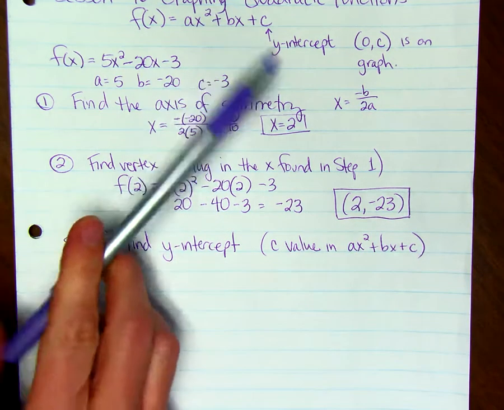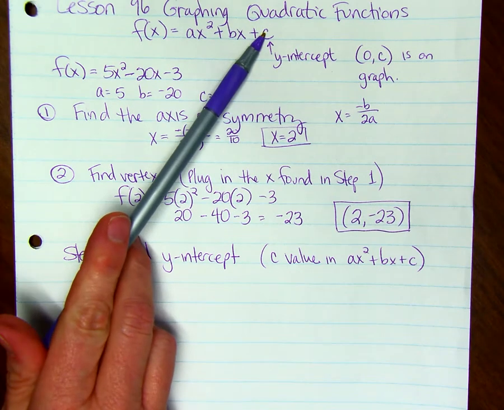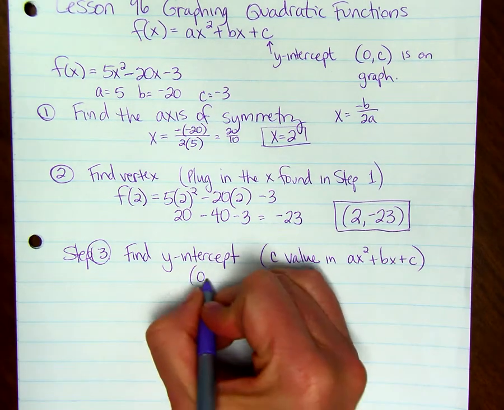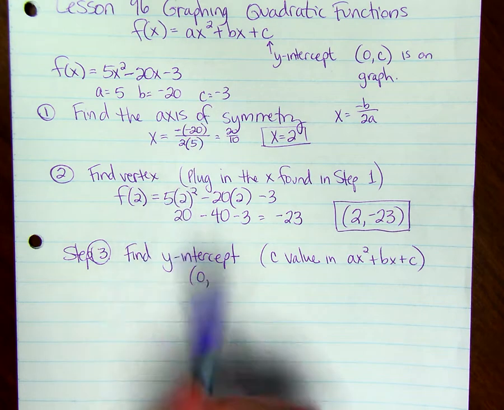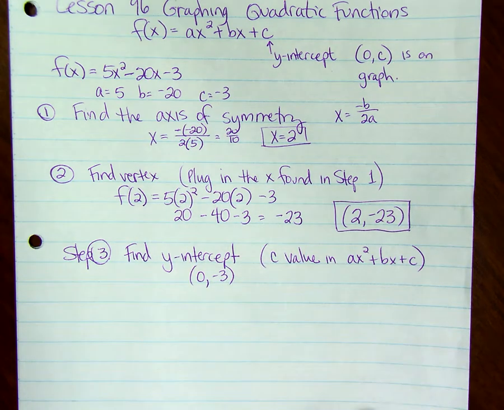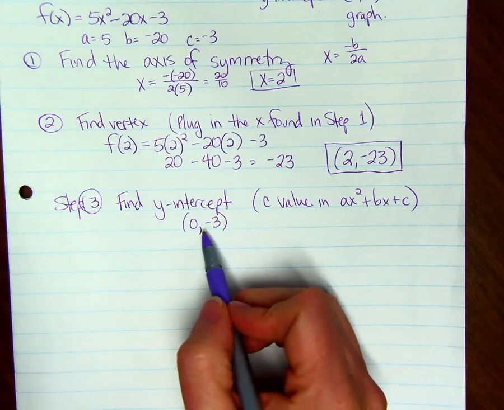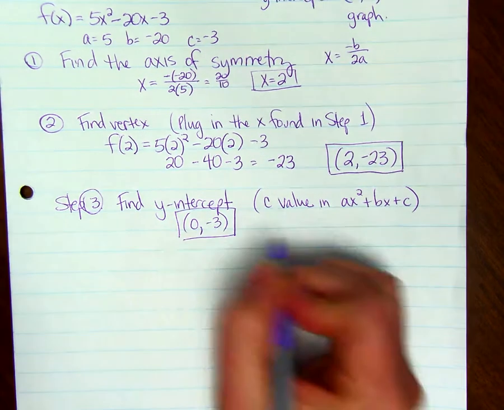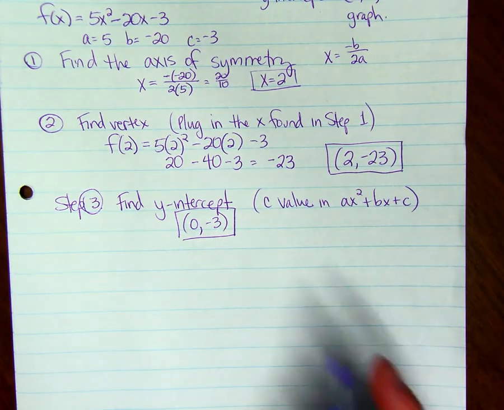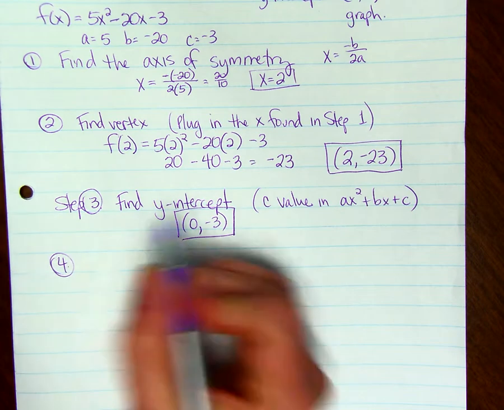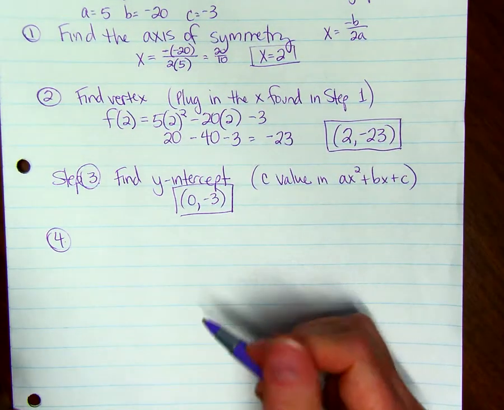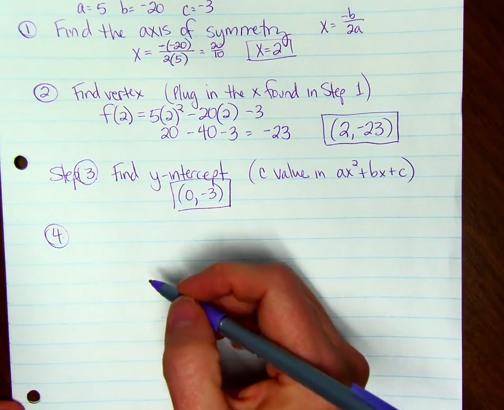So our x is 0 and our c value is negative 3. So at (0, negative 3), it crosses the y-axis.